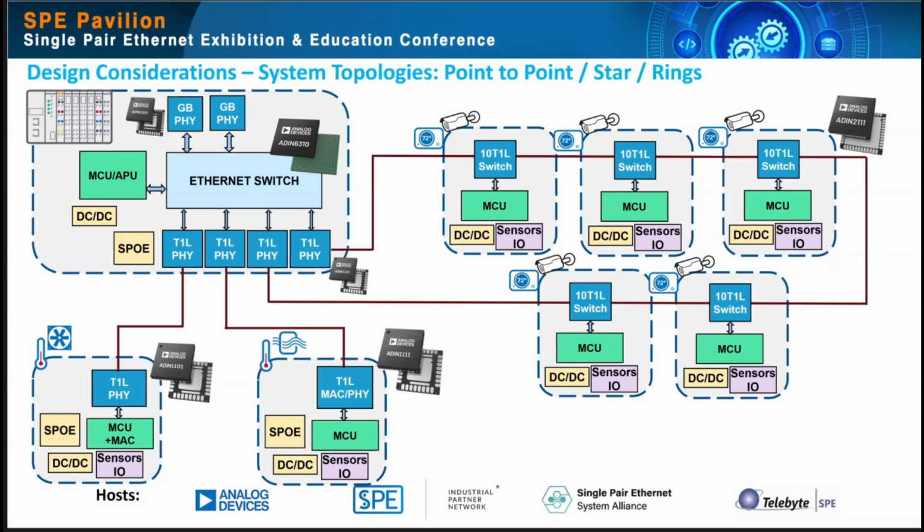Of course, if you decide that the ring is the way to go, there are some considerations you would need to look into, as you then have to think about the loops that may form. So you probably want to deploy something like MSTP, RSTP, or a DLR type solution to account for that. And certainly something that we have helped many with so far and are happy to help others do in the future.